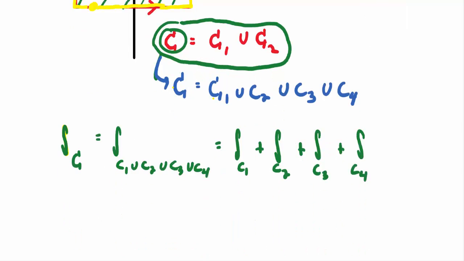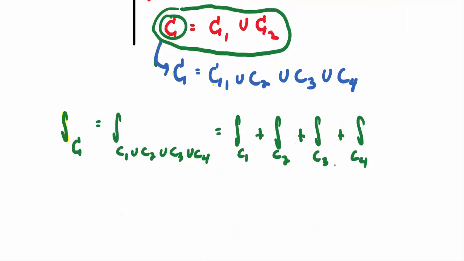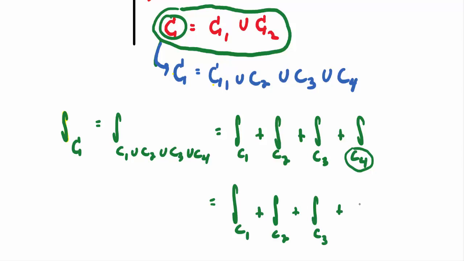But remember, C4 is just the opposite of C3. It has the opposite orientation. And so you can write C3, well, let's leave C3 as is, and you can write C4 as negative C3.